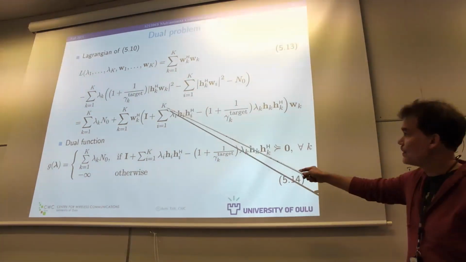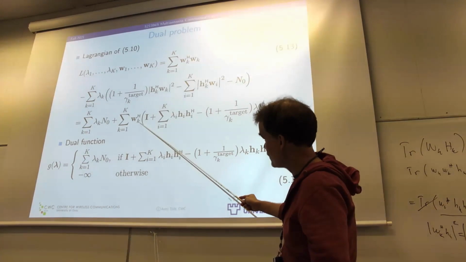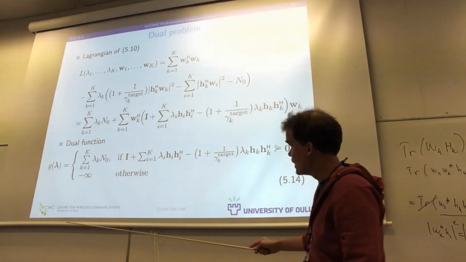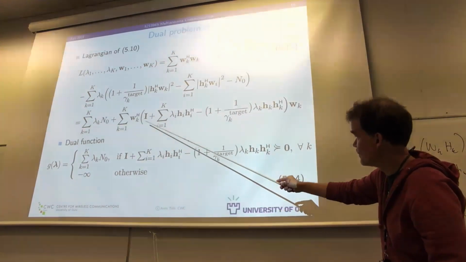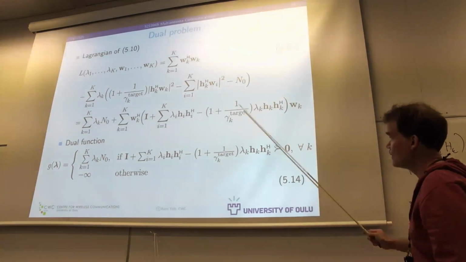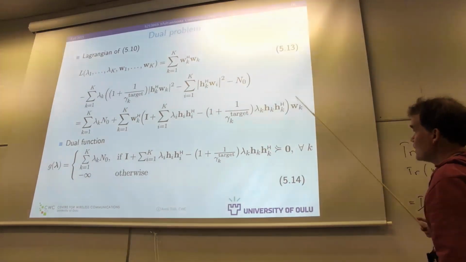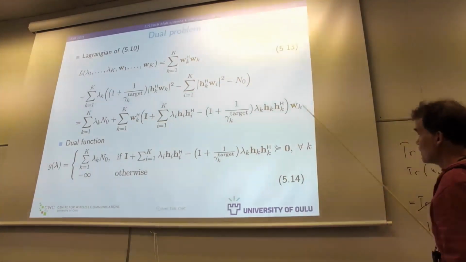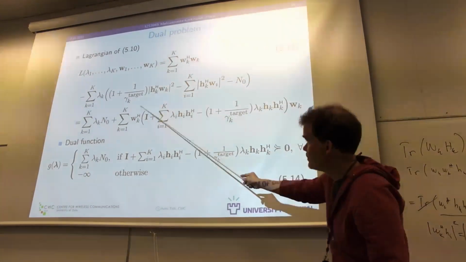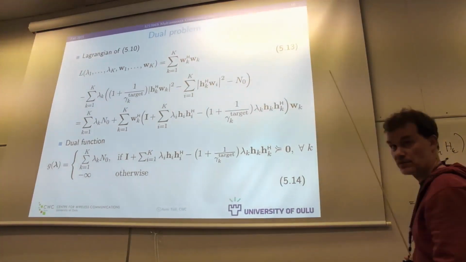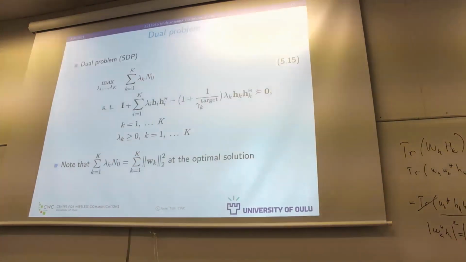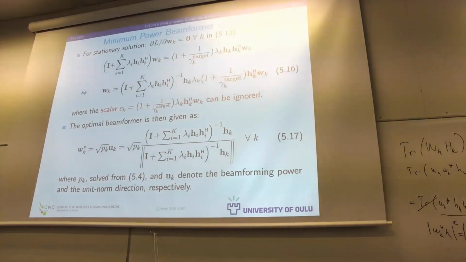So we differentiate the Lagrangian with respect to W, because this appears here, and what we have left, we can differentiate from left or right. If we differentiate from the left, we have this one equal to 0, or this one equal to 0, right? Both are fine and lead to the same solution.